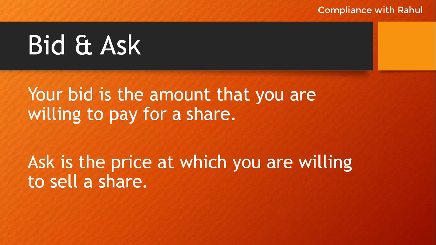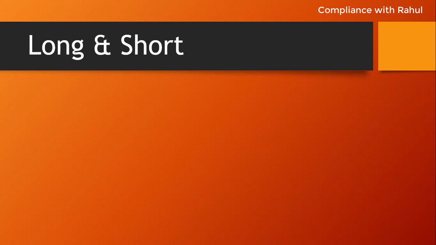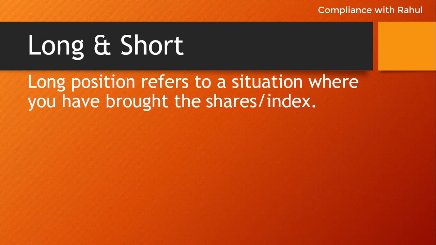Now when you buy a stock or you sell a stock, you are of a certain view and take a certain position in the market, meaning to say that you either go long in the market or you go short in the market. Long position means that you have bought the shares and you are expecting that the markets will go up.